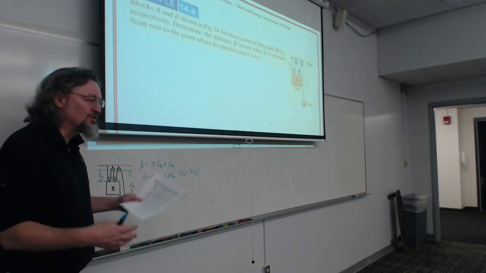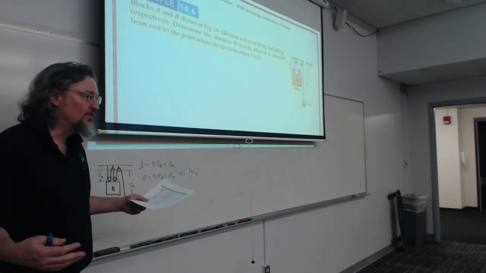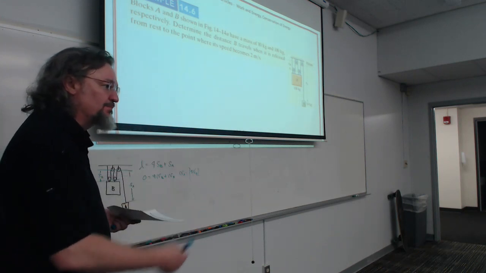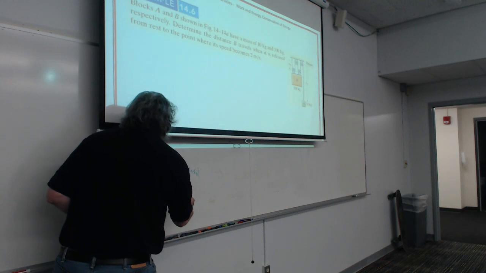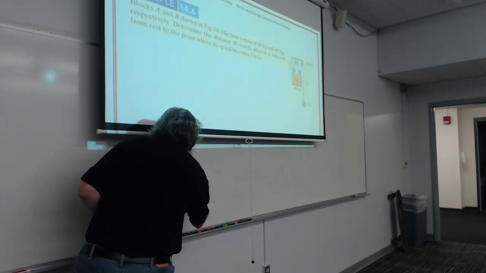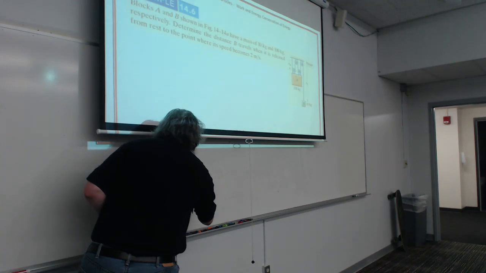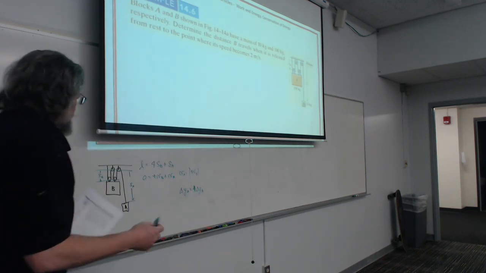So we could just multiply both of them by any increment of time, and it would become their displacements. So it doesn't hurt us to do that. So we could also say, likewise, delta YA is equal to 4 times delta YB. Great.